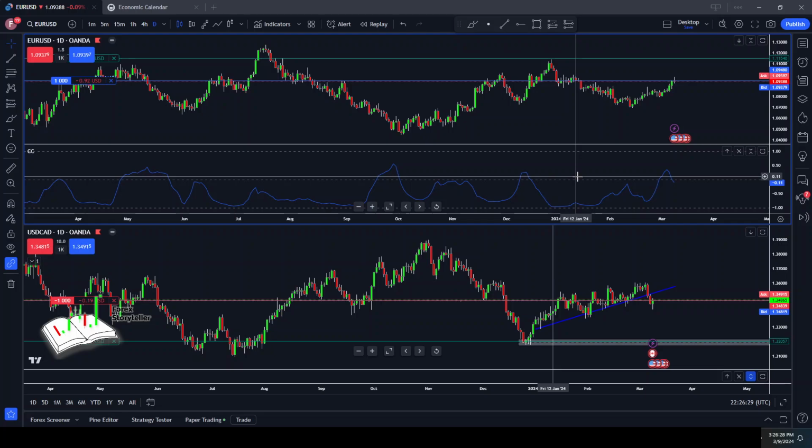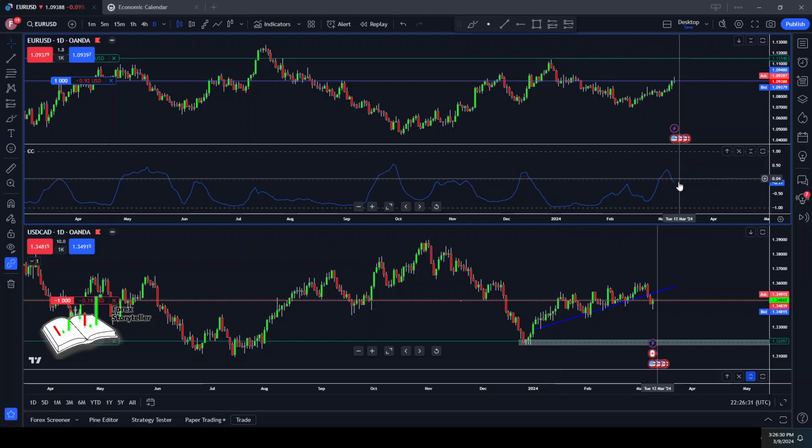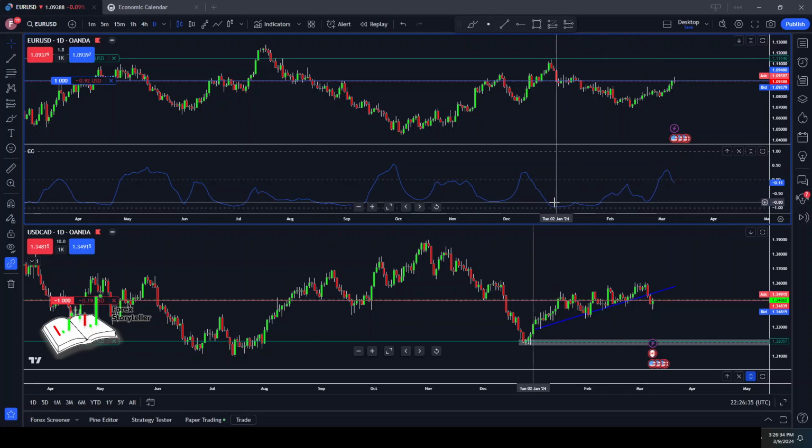And basically, it's not really an oscillator, it's just limited to values between -1 and 1. It will not ever go over -1 or over +1, because basically what it means is if you're at -1, that means they are moving 100% opposite to each other.